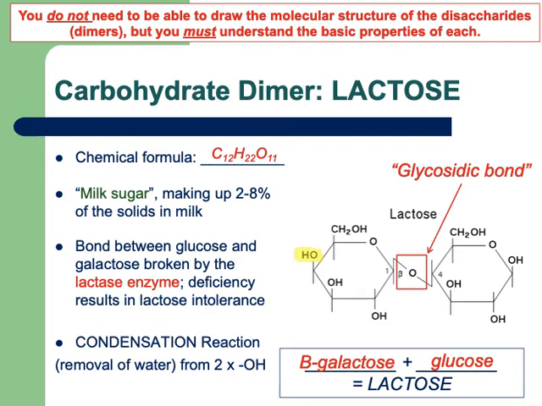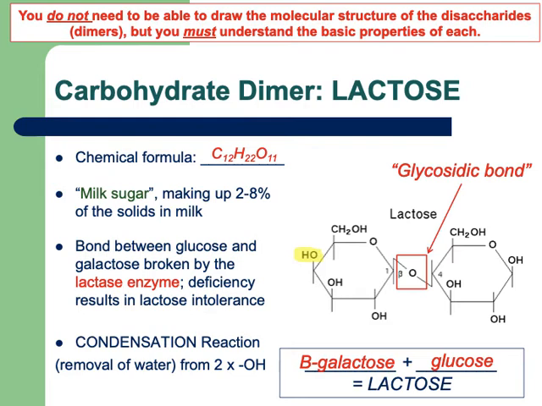The bond between glucose and galactose can be broken by something known as the lactase enzyme. But if you are lactose intolerant, you have a deficiency in the lactase enzyme, and therefore you can't break down lactose in the process of digestion.